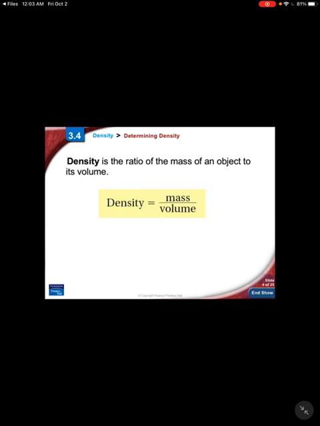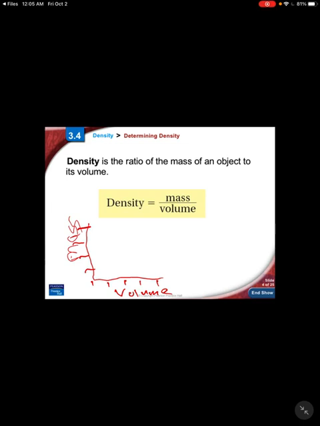And for those mathematically inclined, if you have a plot of the mass on the y-axis, where we have mass in grams typically plotted, and on the x-axis or the horizontal axis or the ordinate, we have volume plotted.